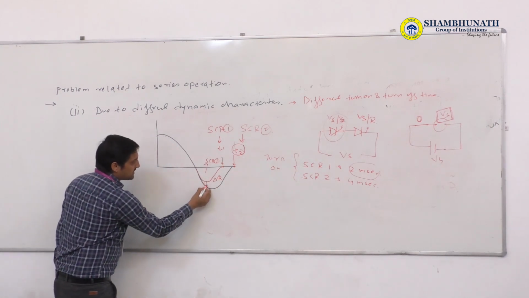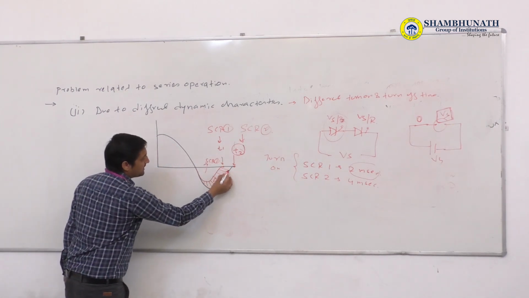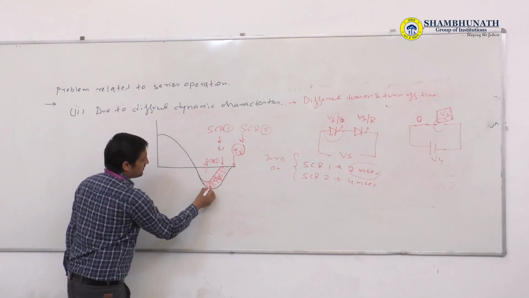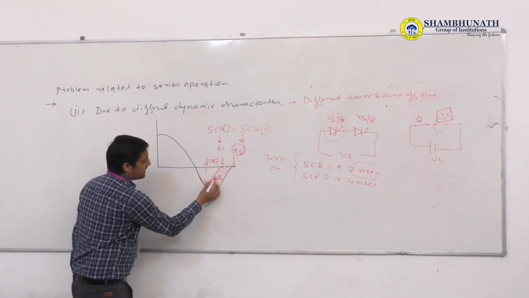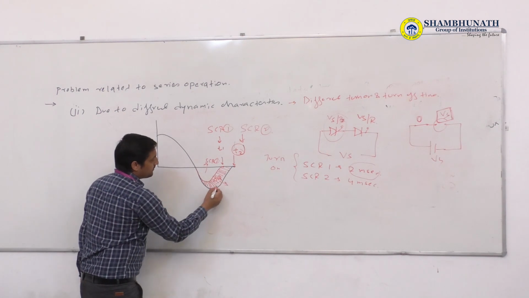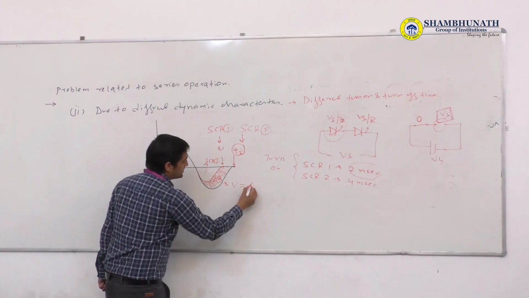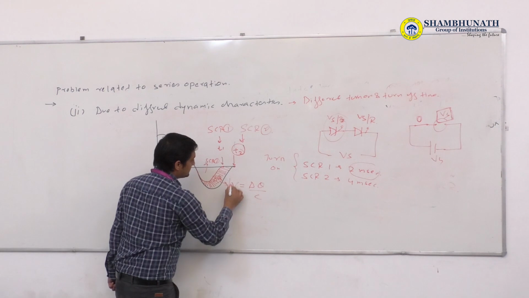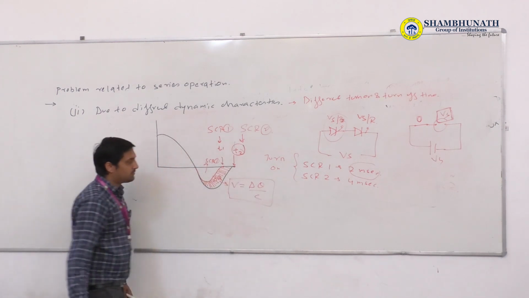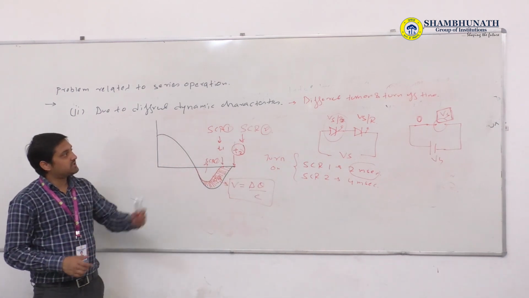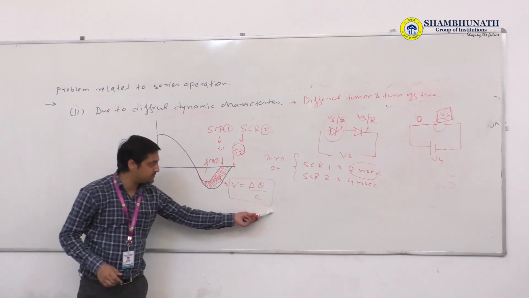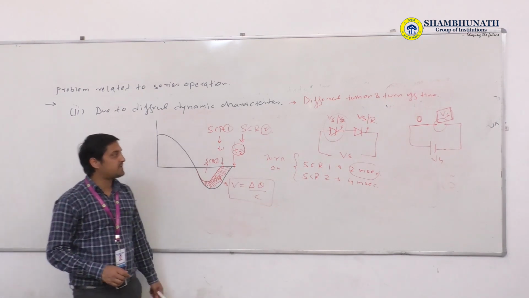The excess charge carriers in the SCR create a voltage equal to del Q by C, because when the thyristor is turned off, the whole system behaves like a capacitor.